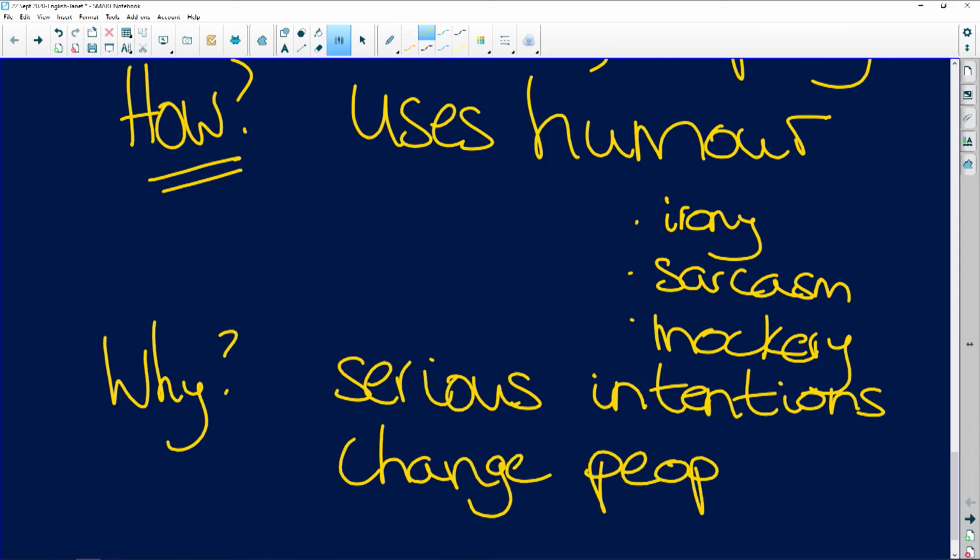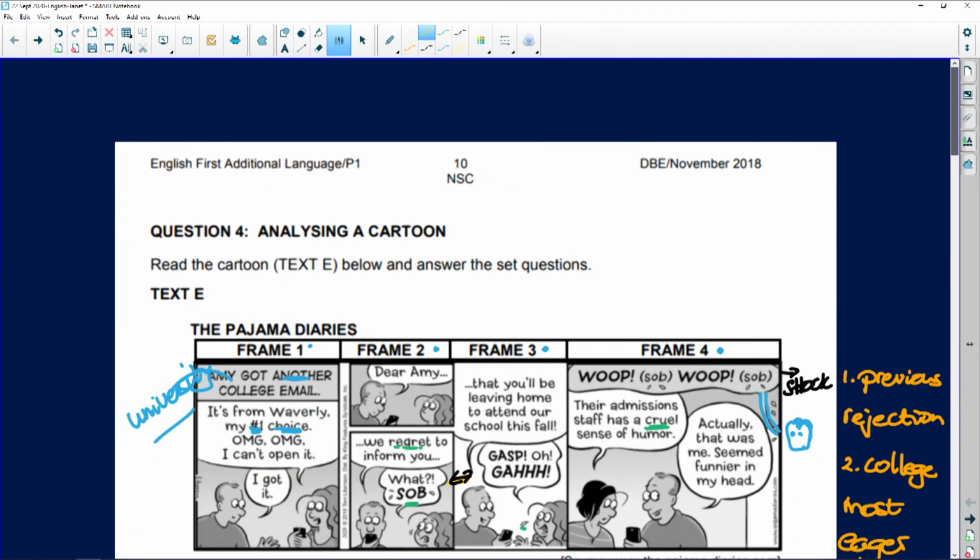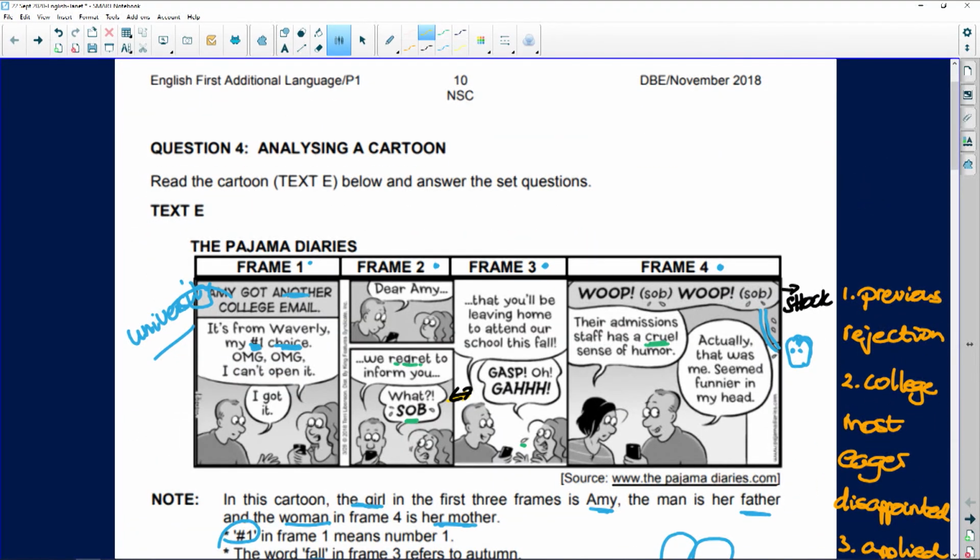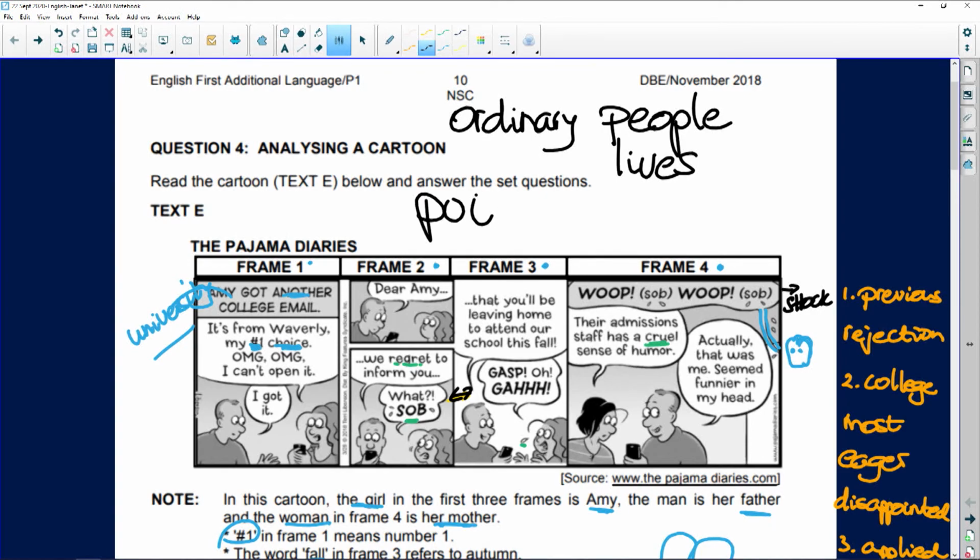Now, this kind of comic strip is usually not satirical. This kind of comic strip is usually about ordinary people like you and me, and ordinary lives. And the cartoonist usually just wants to make a point about those people and those lives.